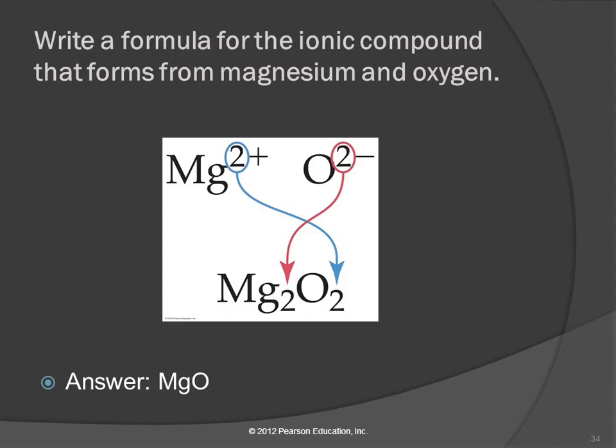So I just think of pushing them together and being done. And you get MgO. The crisscross method will get you Mg2O2, and you need to look at that and say, hey, wait a minute. 2 to 2, I need the lowest ratio, which will be 1 to 1. So this is an example of how you can go astray using the crisscross method.